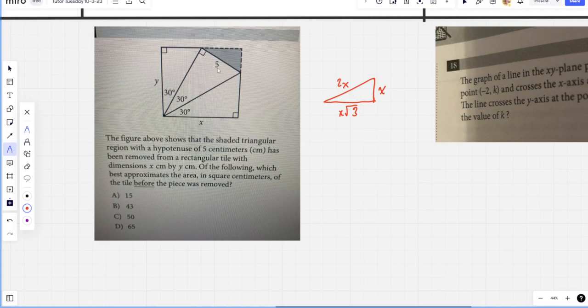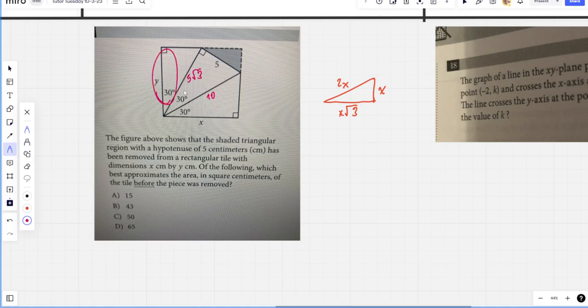So we can start labeling some of this out to get the values of x and y. If this is 5, that's the short leg. The hypotenuse here would be 10, and the longer leg would be 5 root 3.